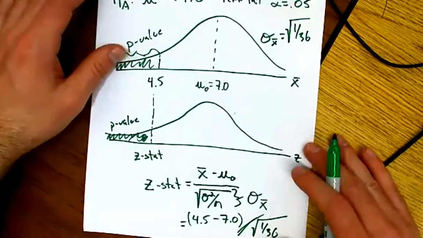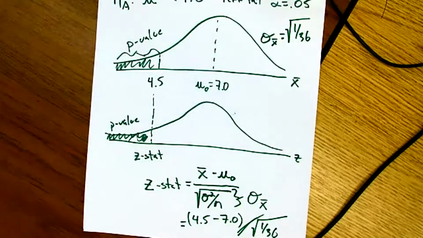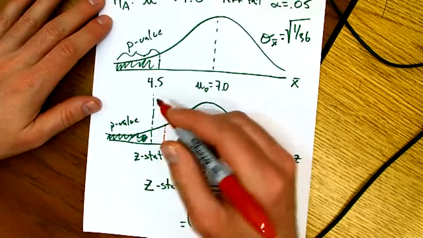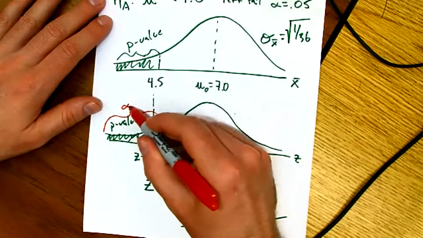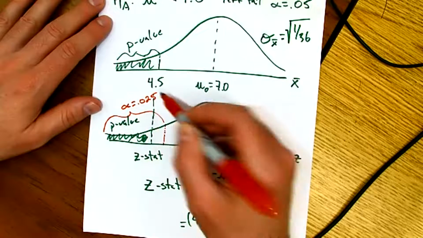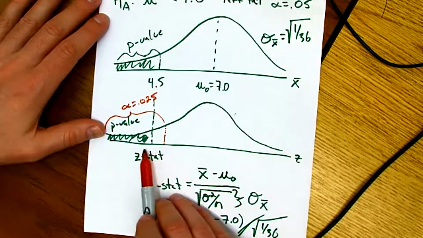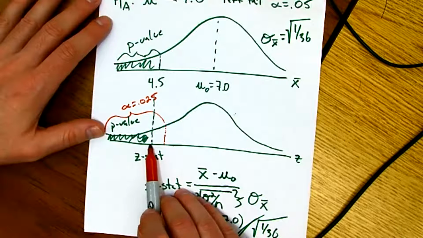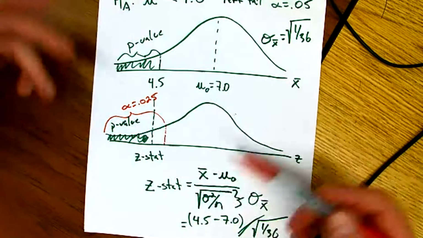So what we're doing with type 1 errors is saying, look, I know that if I set alpha at a certain level, so let's say I want the area in this tail to be a certain alpha value, well, I know that anytime I see a test statistic in this range, I'm going to end up with a p-value that's less than alpha, and I would reject the null.